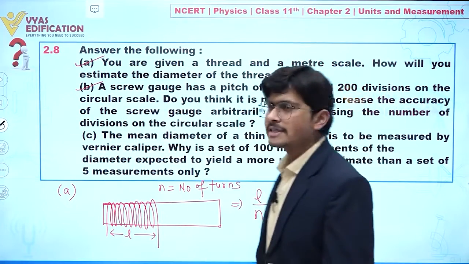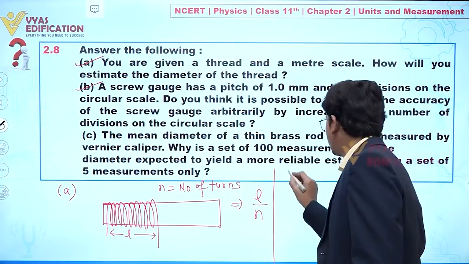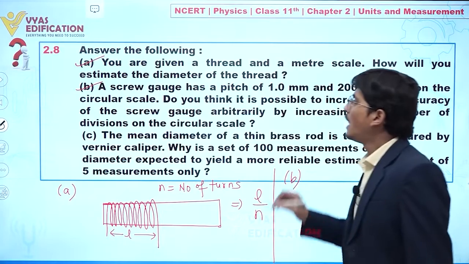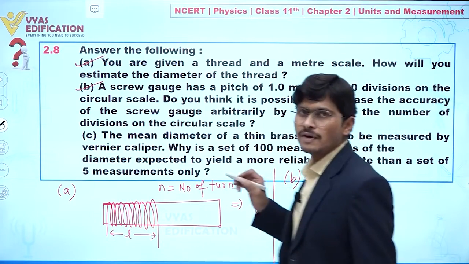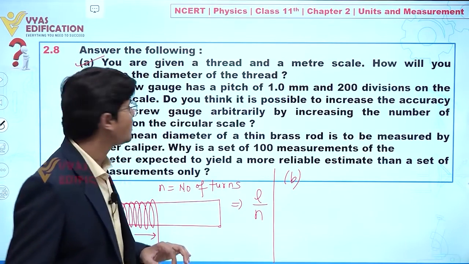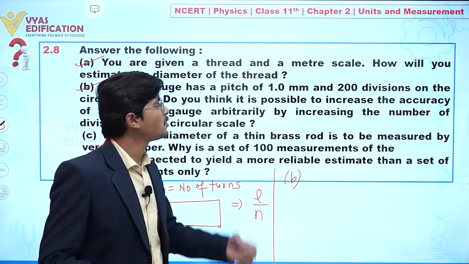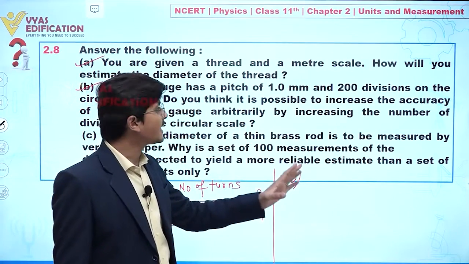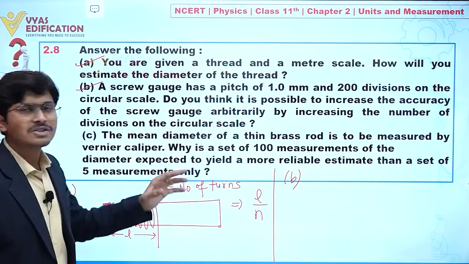Now if we discuss part B, it is given that a screw gauge has a pitch of 1 mm and 200 divisions on the circular scale. Do you think it is possible to increase the accuracy of the screw gauge arbitrarily by increasing the number of divisions on the circular scale?